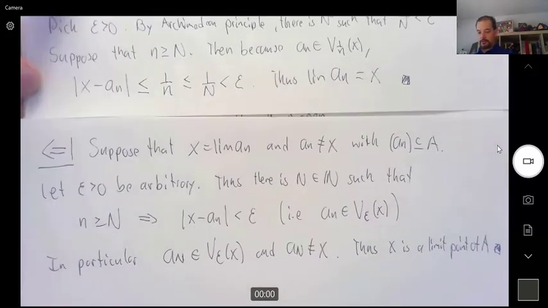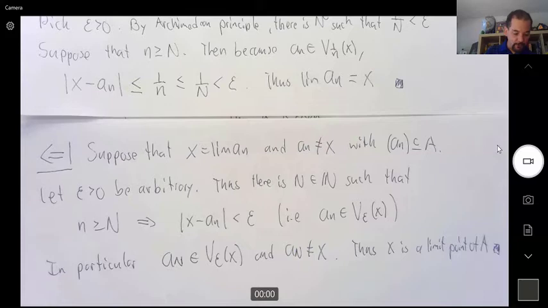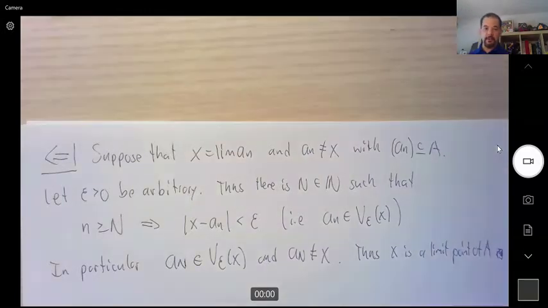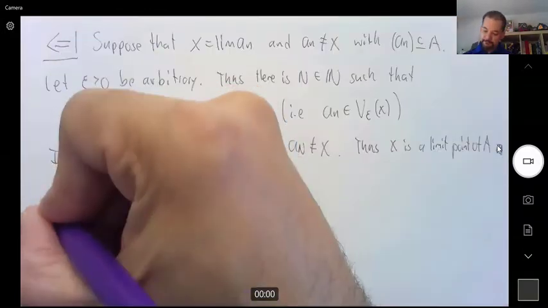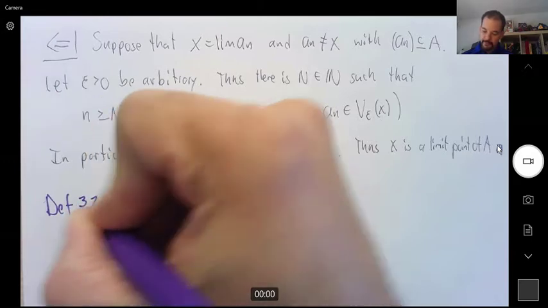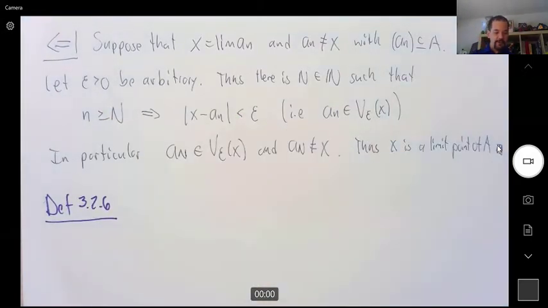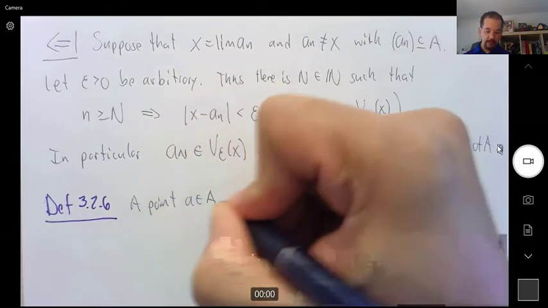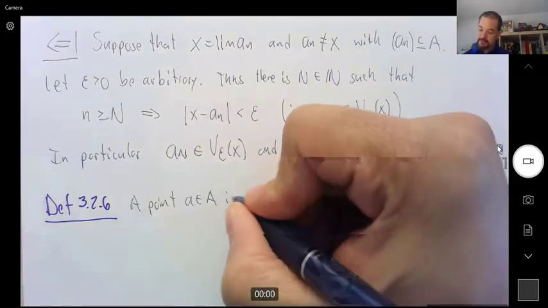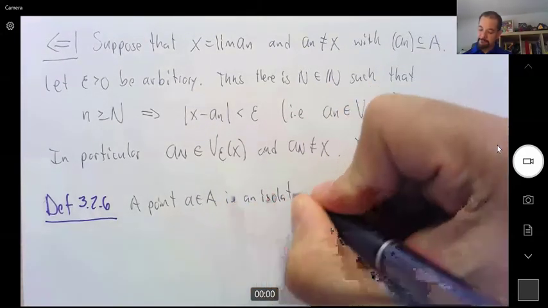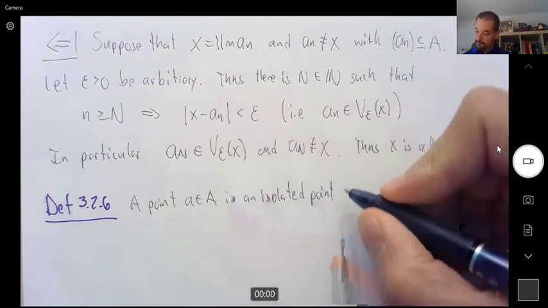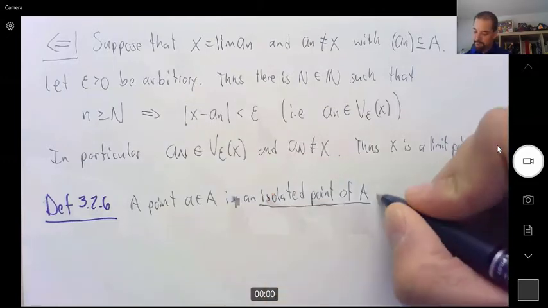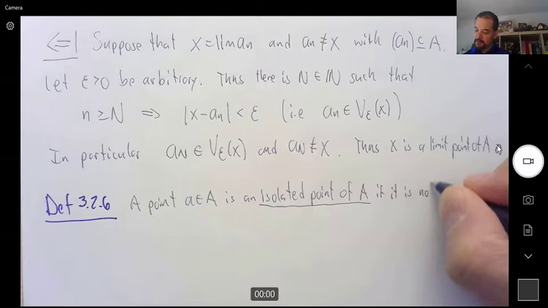Good. Nice. So a couple of other things. Finally we can define closed set, but before that we have another definition, 3.2.6. We say that a point a in A, this time a point in capital A, is an isolated point of A if it is not a limit point.